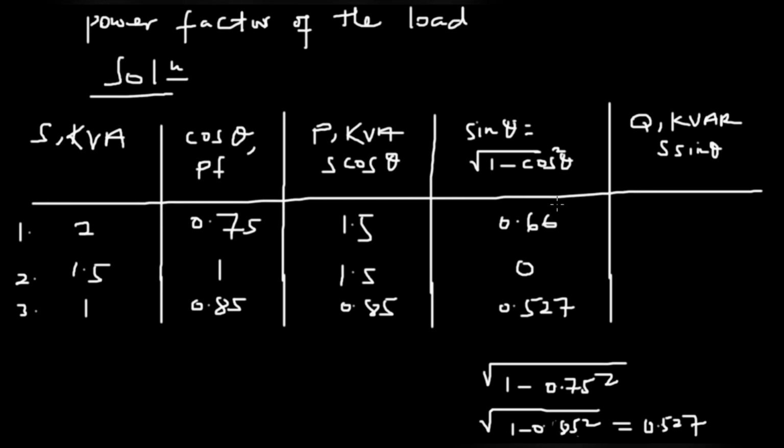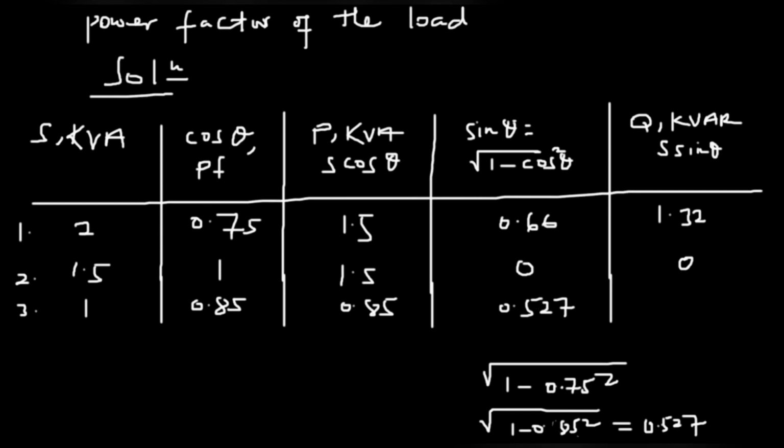Right, so let's move on to Q. For Q we multiply the S value with sin theta. Multiplying 2 by 0.66 gives us 1.32. Then you multiply 1.5 by 0, and that gives us 0. Then you multiply 1 by 0.527.